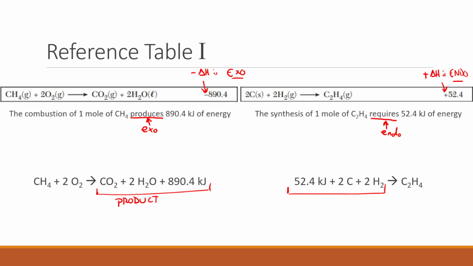Right? Products are the things that we make, that we create, that we release. So if we're saying energy is a product, that means we are saying energy is created. Energy is produced. Energy is released.